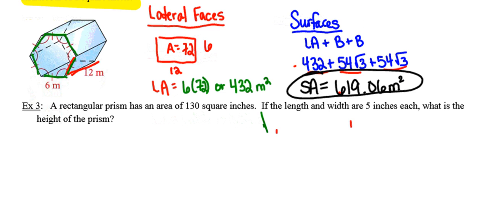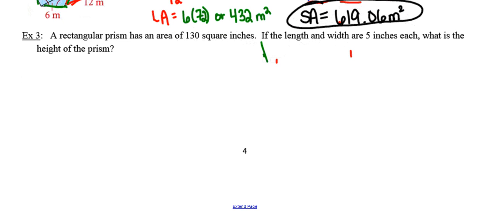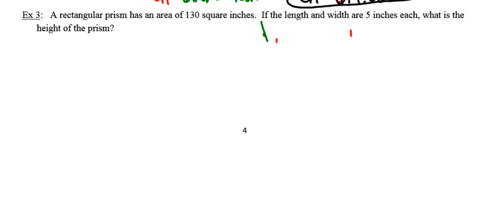All right, number 3, the last one. This one's an interesting example. It says a rectangular prism has a surface area of 130 square inches. The length and the width are 5 inches each, and they want us to find the height of the prism. Since they don't give us a picture, the very first thing I'm going to do is draw a picture.